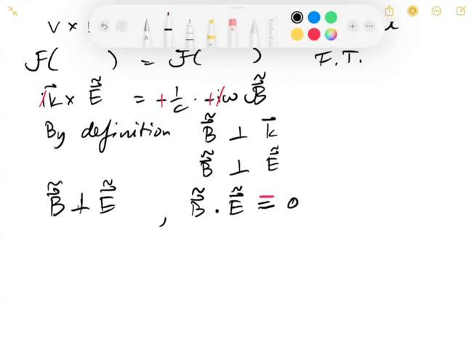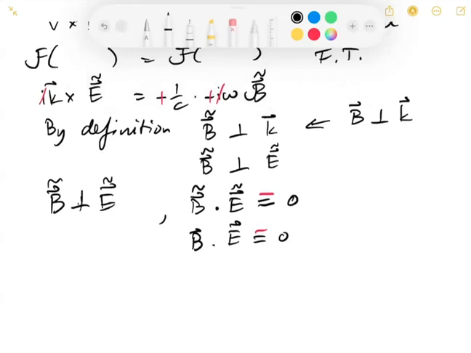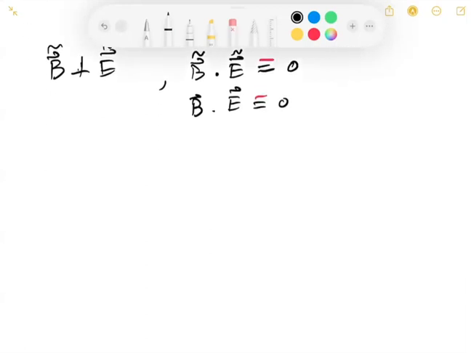And because it's identically zero, when we take a Fourier transform, it's still going to be zero. So that means that also the transform of B dot E is identically zero. And the same thing here, B is also perpendicular to k. Okay, done. Easy peasy.